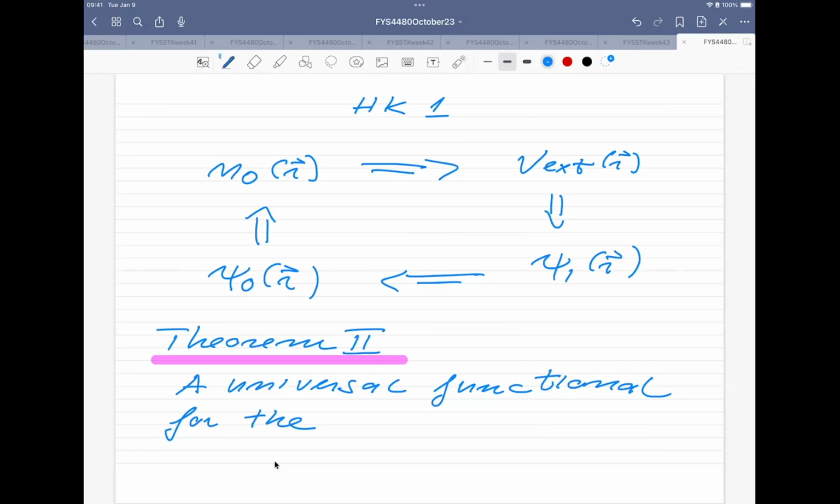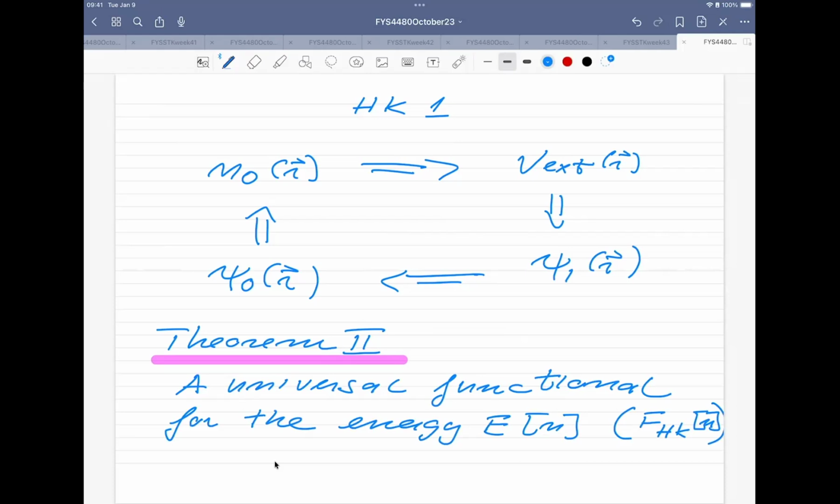So for a universal functional for the energy, E of n. Keep in mind that when we say universal, it is actually this quantity here, that was defined in terms of kinetic energy and the potential energy, that means the interaction energy.